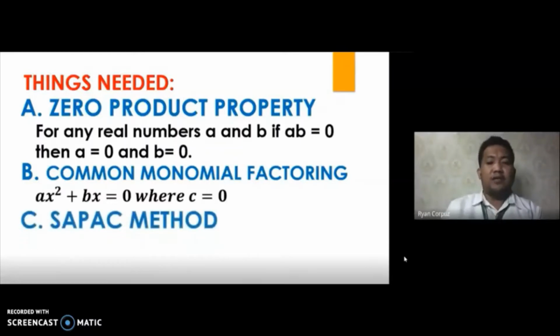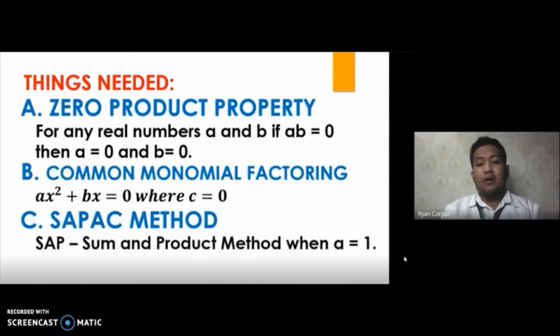Then third is what we call the SAPAC method. The SAPAC method is a combination of two methods in factoring. SAPAC stands for SAP, which stands for sum and product method, and AC method.